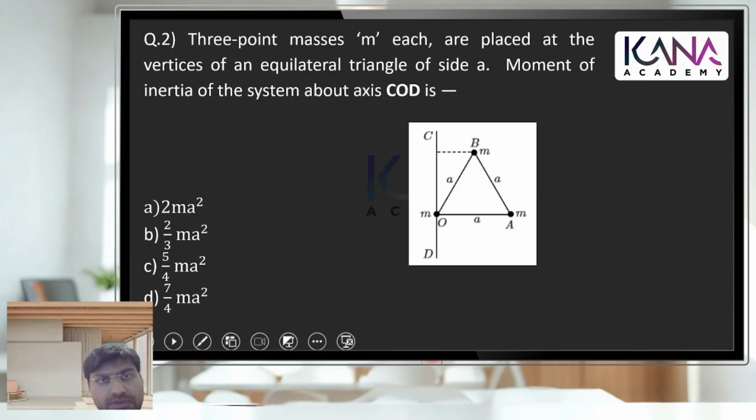Next one. There is a 3-point mass system. So we take this diagram.